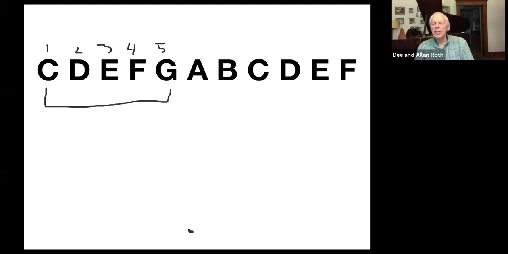The nice thing about fifths is that they're really easy to analyze, so let's take a look at fifths. Putting our whole steps and half steps in, we have a whole step between C and D, a whole step between D and E, a half step between E and F. Oh, that should be a half step.